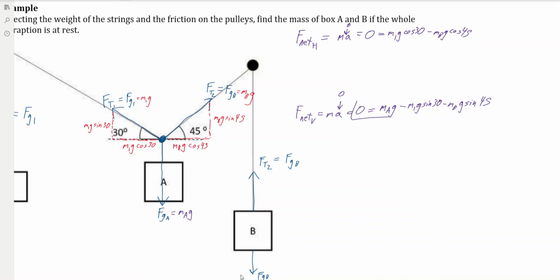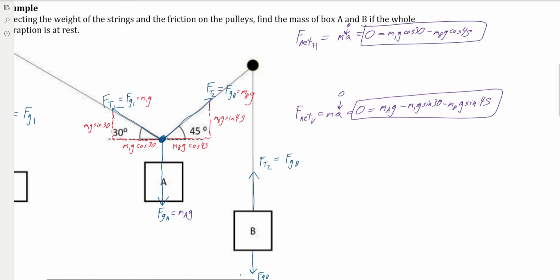Okay, now we can take those two parts and solve for the different parts that we need. So here let's rearrange this. M1G cos 30 equals MBG cos 45. We're looking for masses of both.